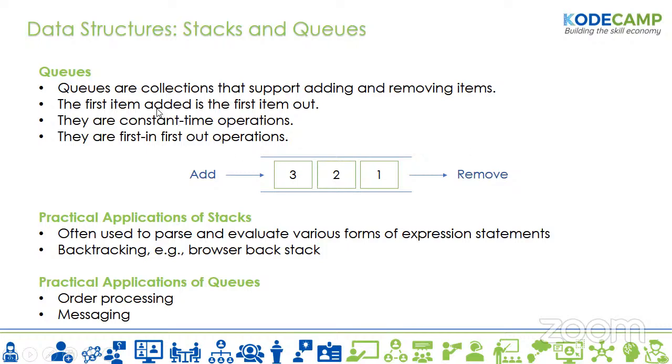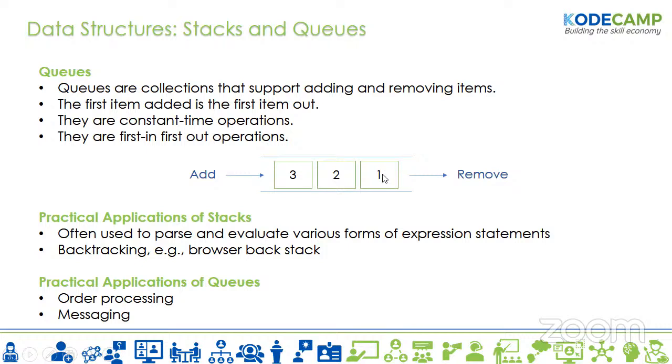So queues are similar in the sense that they support adding and removing items with ease. However, it's a first in, first out data structure, and these are also constant time operations, because it doesn't matter what the size of it is.